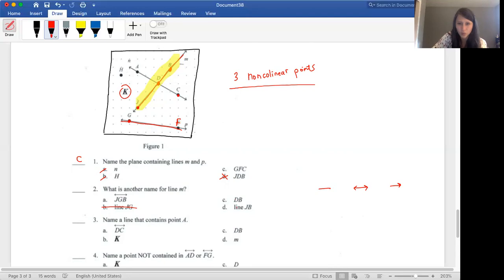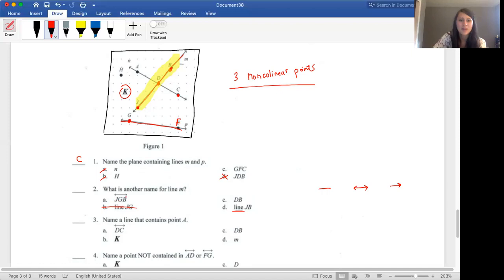Let's put this on hold. Line JB. J and B are right here. So line JB could work because I'm saying line right there, explaining what that would be. And then I have JGB. I don't know why I skipped that one.